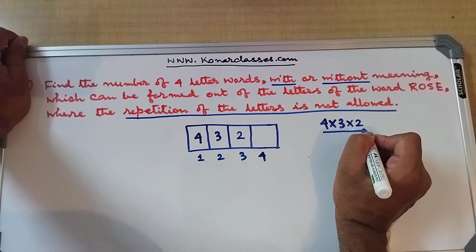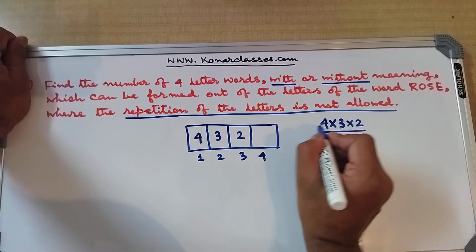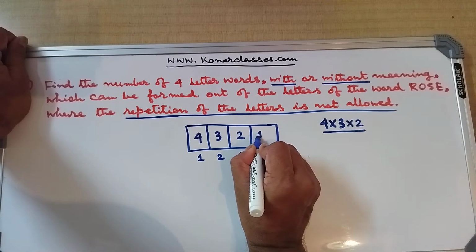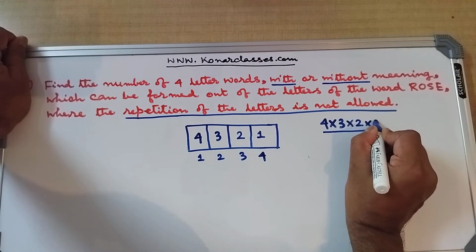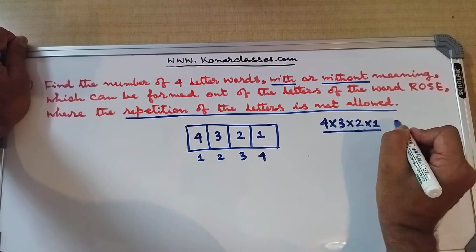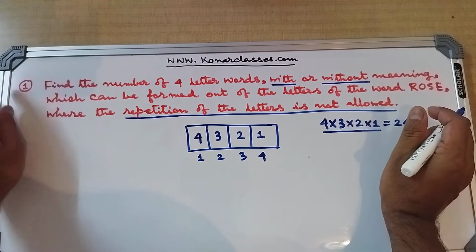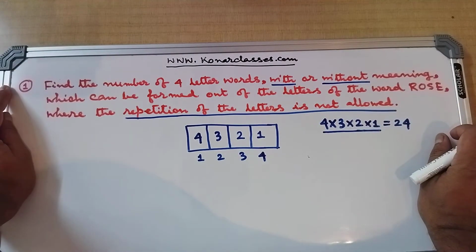After filling these three places, we are left with one letter, and that can be placed in the fourth position. So the final number of ways is 4 into 3 into 2 into 1, which is 24. So there are 24 different ways the words can be formed out of the letters of the word ROSE if the repetition of the letters is not allowed.